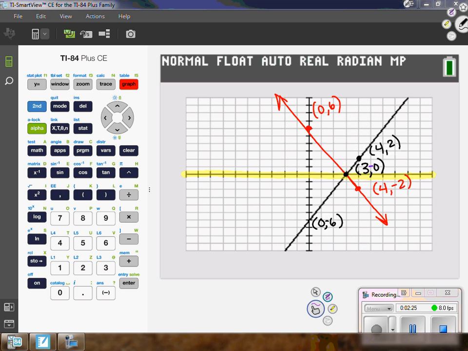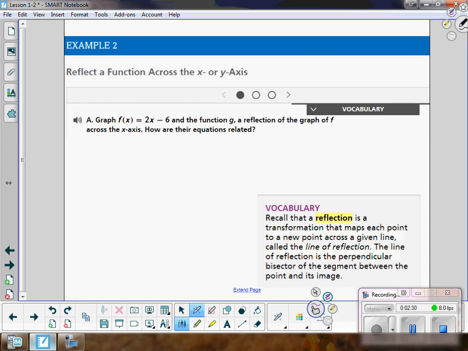So let's think about the equation that we would use to create this graph. To reflect over the x-axis, to change everything so that the y's are opposite, what we're going to do is stick a negative sign in front of the function, like this.